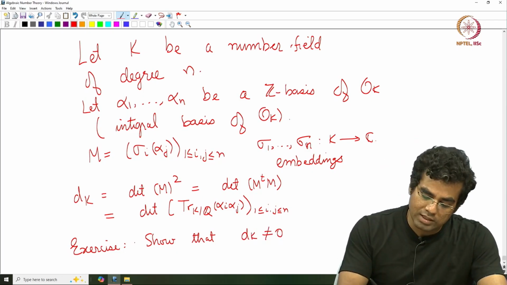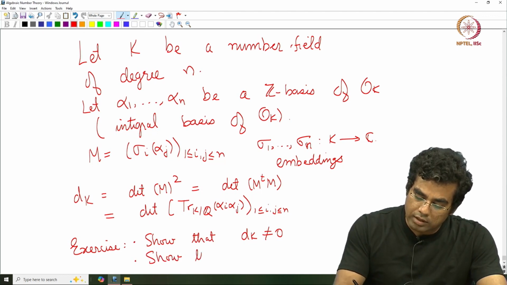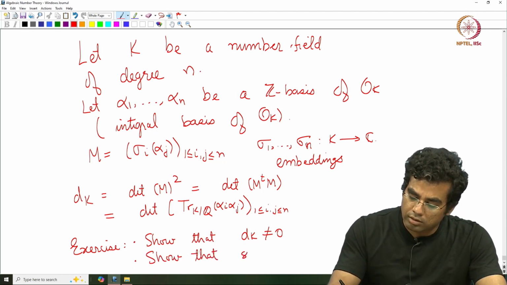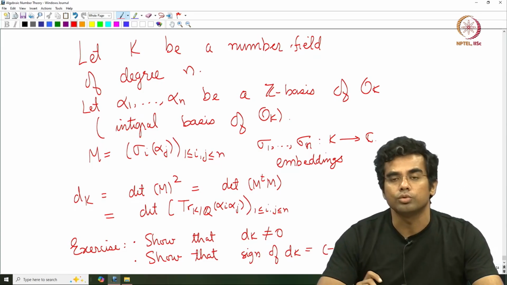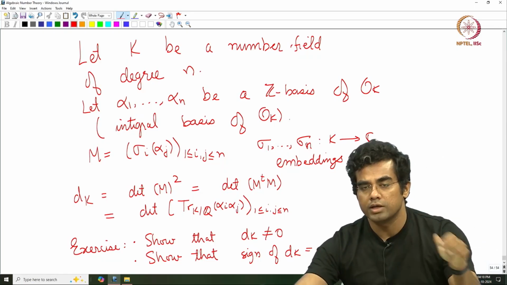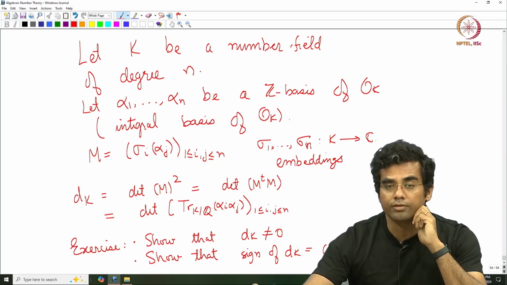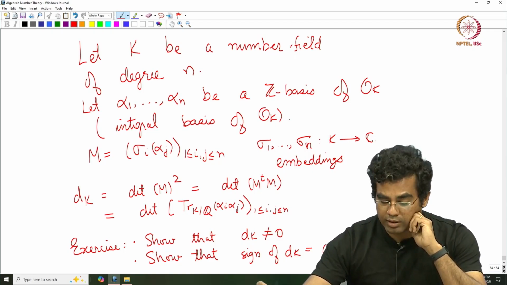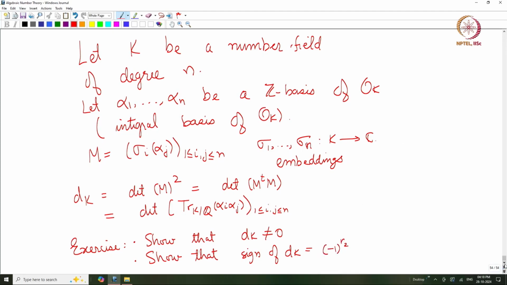So, show that dk is not 0. Okay. So, that is an easy exercise, but another one is show that sign of dk is minus 1 to the power R2. So, remember R2 is the number of pairs of complex embeddings of K, and this exercise is asking you to show that the sign of it is minus 1 to the R2.